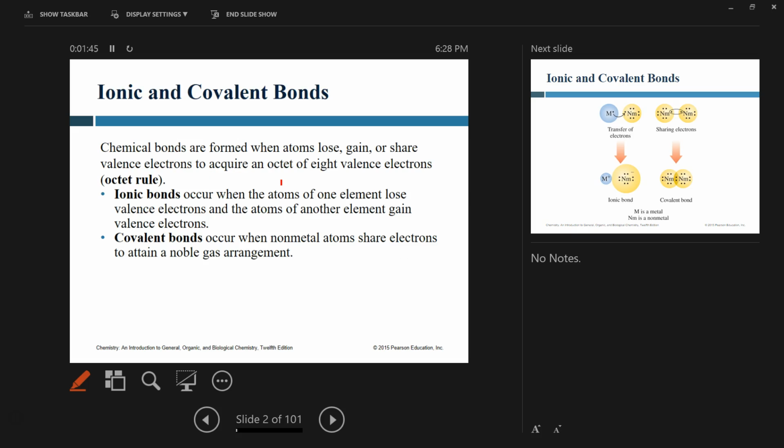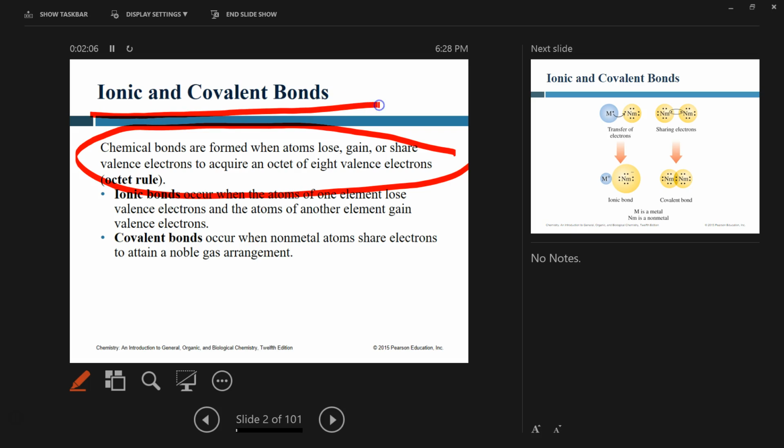So atoms exchange electrons, and during that exchange, the chemical bonds are formed. There are two types of chemical bonds that we have to know, two big types: ionic and covalent.